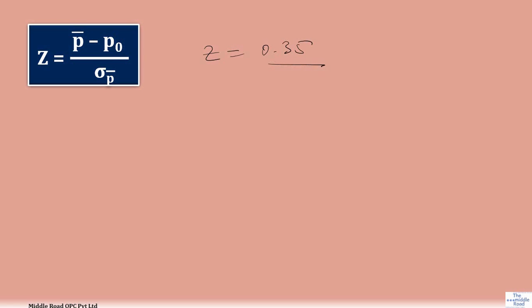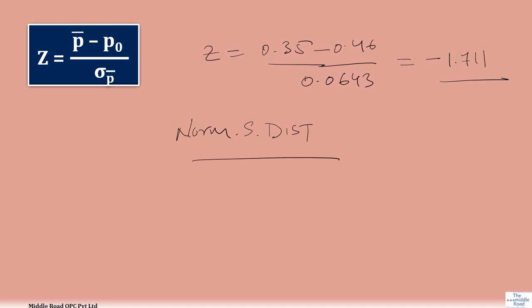From the sample we got 0.35, which is what we are substituting. P bar is the sample proportion minus the hypothesized population proportion, which is 0.46. We divide by the standard error, so once we get the value of Z, we are going to use it.